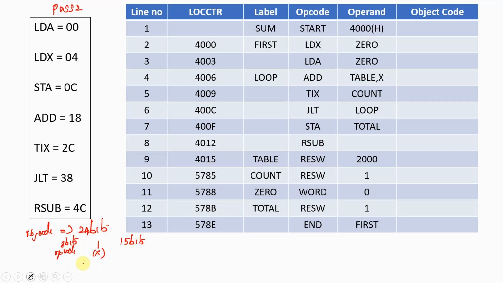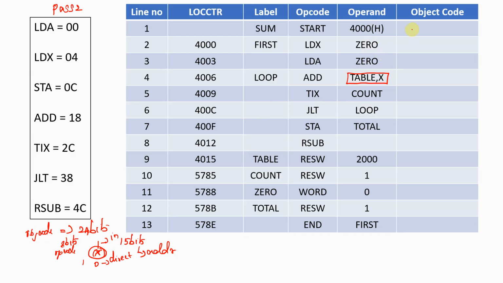Here, if the x value is 1, it means indirect addressing, and 0 means direct addressing. So we have 24 bits in total: 8 bits for opcode, 1 bit for address mode, and the remaining 15 bits for the address. And you can see almost all have direct addressing except this one, which has indirect addressing.